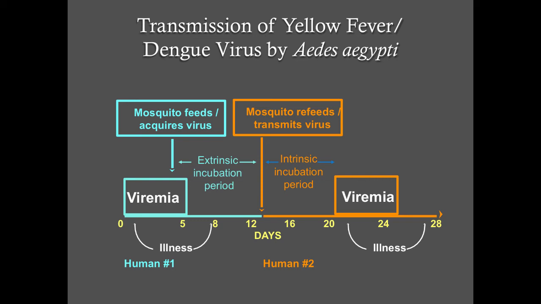The mosquito is not just a vector. The virus infects and replicates in the mosquito, but generally this is not fatal to the mosquito. And then there's a period where that mosquito is not infectious, and after a certain amount of time, the mosquito refeeding can transmit the virus, and the cycle continues.